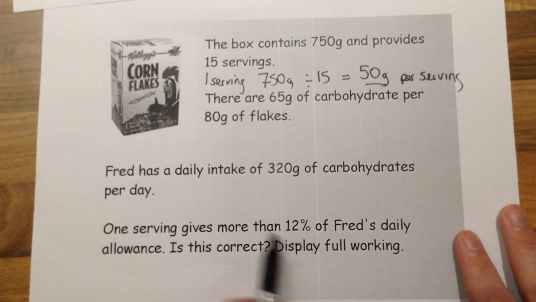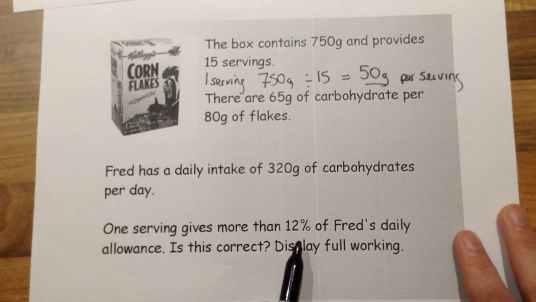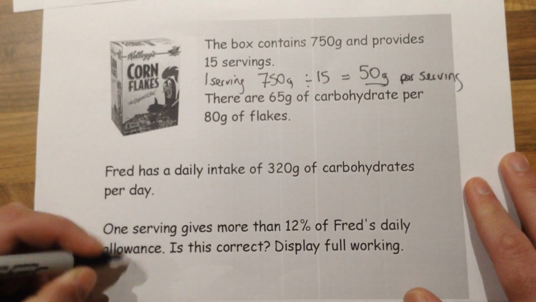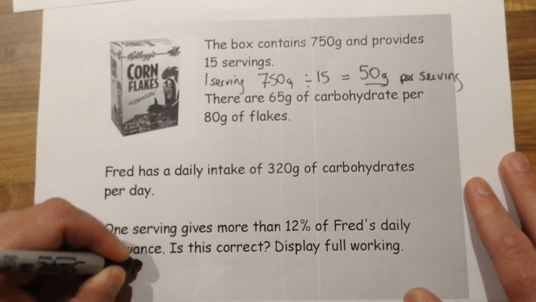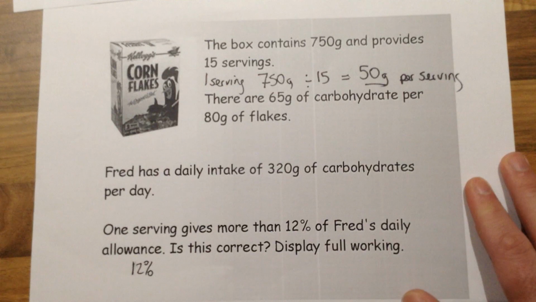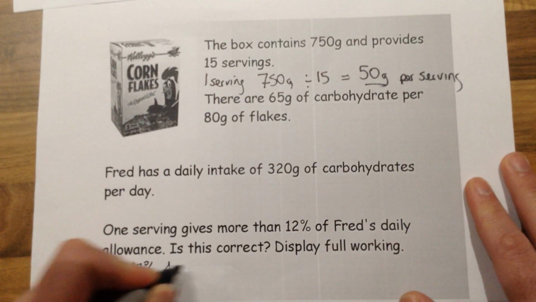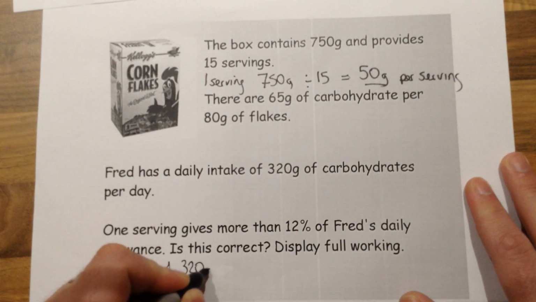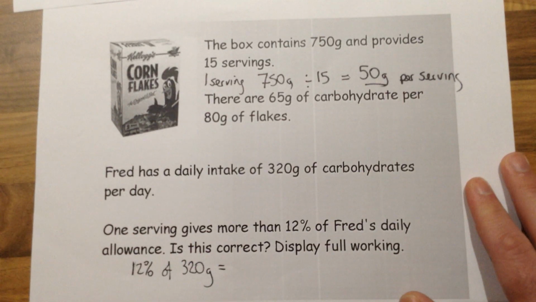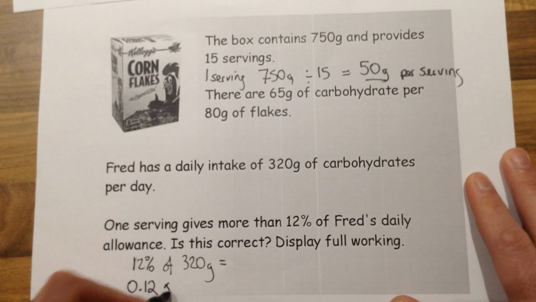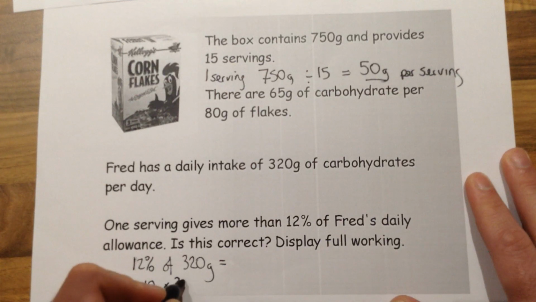Now, just because this is a quick one that we can do, I'm going to very quickly work out what number we are aiming for. So 12% of 320 grams. If you type into your calculator, remember we can change 12% into a decimal, so 0.12 multiplied by 320.